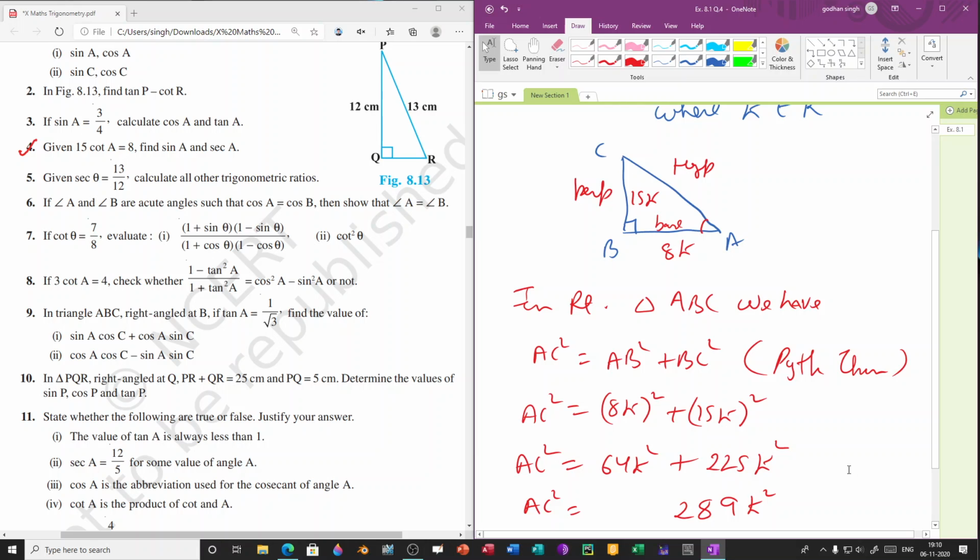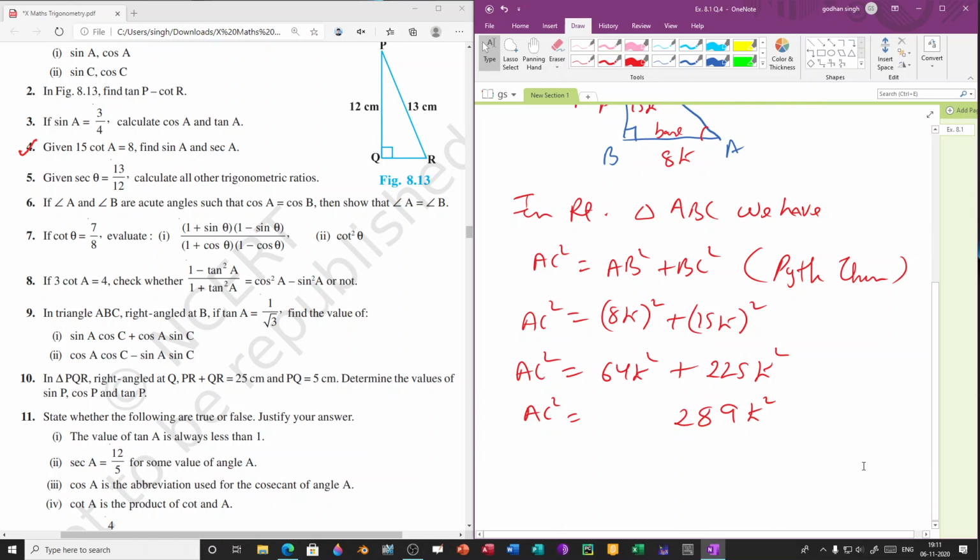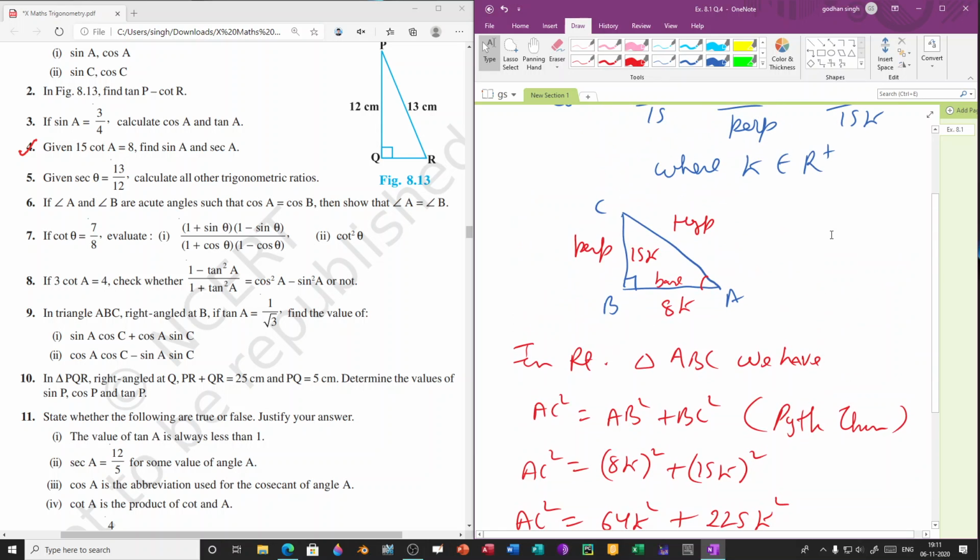And if you see the square of 17 is equal to 289, therefore we can say that AC equal to 17k. So AC equal to 17k, and let us write that here. Now this is 8k, this is 17k, and this is 15k.